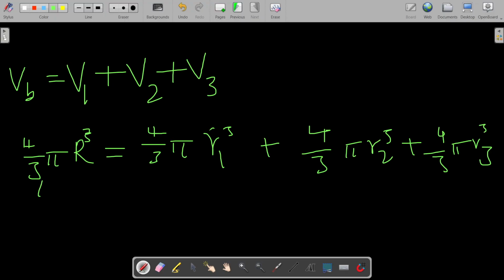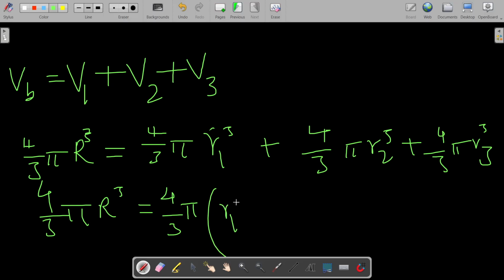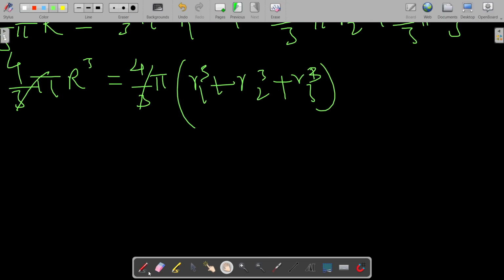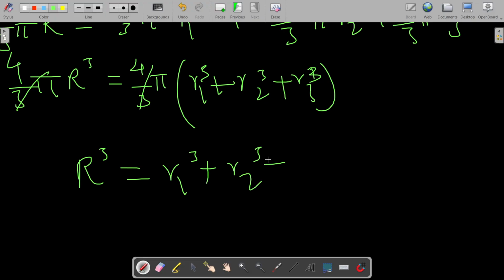So let's write this down. 4 by 3 pi capital R cube is equal to, if I take common 4 by 3 pi, I am left with r1 cube plus r2 cube plus r3 cube. 4 by 3 pi and 4 by 3 pi get cancelled, and I'm left with this equation: capital R cube is equal to r1 cube plus r2 cube plus r3 cube.